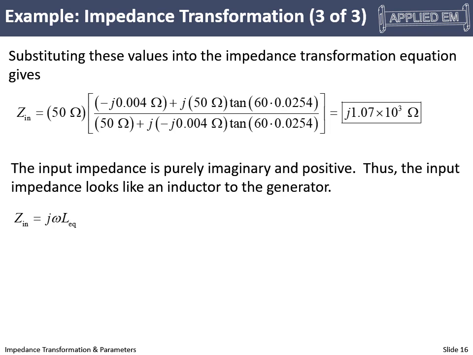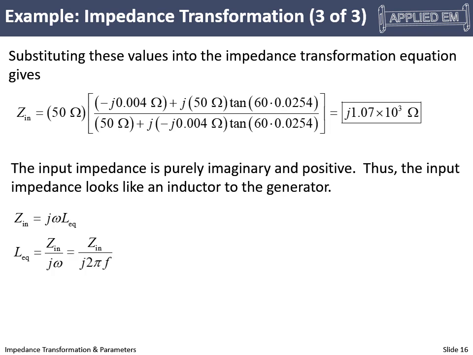That is an inductance. So to figure out what value inductor it is, we relate our input impedance to the inductance. So the input impedance is j omega, whatever this equivalent inductance happens to be. So we can solve this equation now for the equivalent inductance. And we just see that it'll be the input impedance divided by j omega.